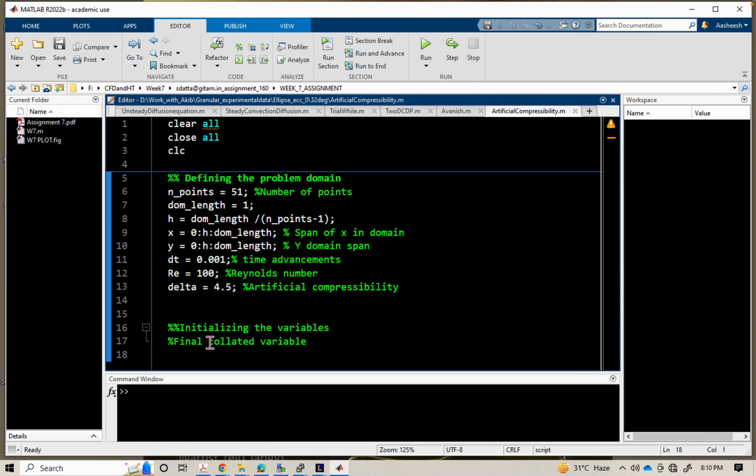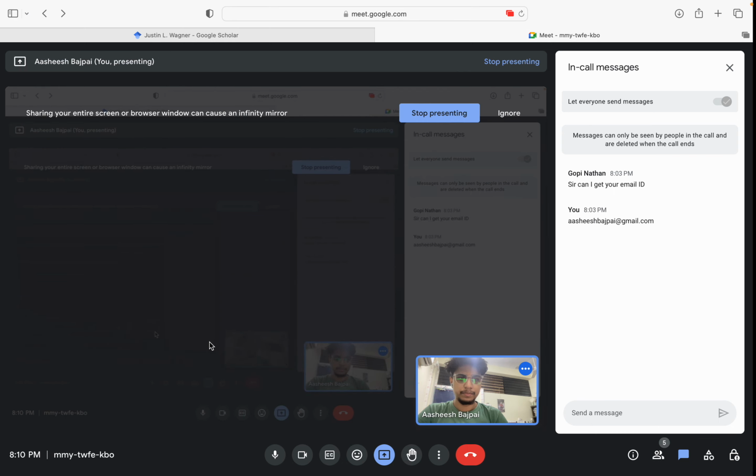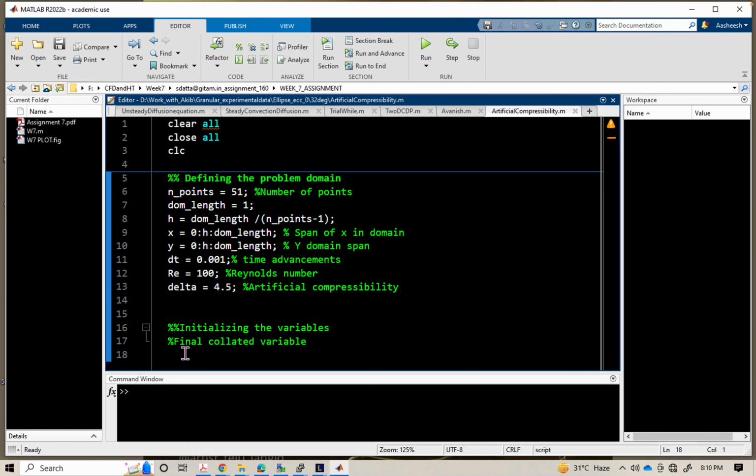So I am back. Let's start it again. So we were here, finite collocated variable. So this is the u matrix, which is n_points equal to 0.